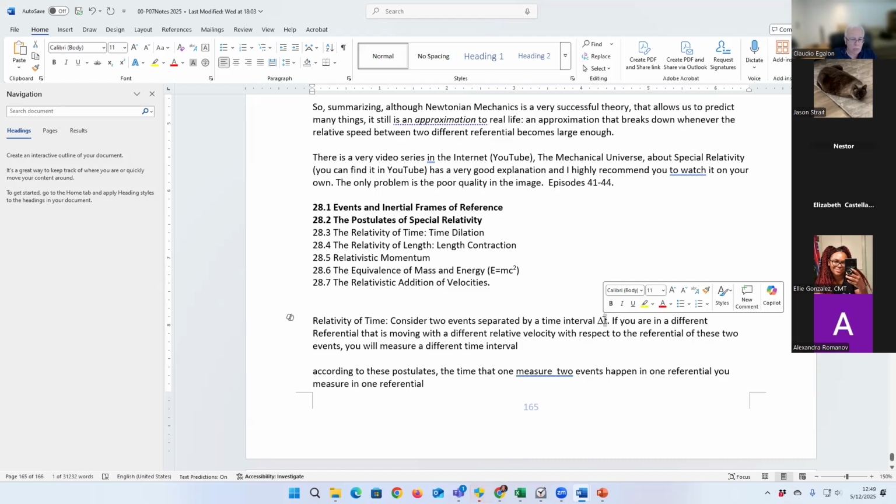That's one of those consequences that is difficult to believe that Einstein found out from his postulate. Okay, it's 12:49 right now. I think we can stop and then we'll continue next time.